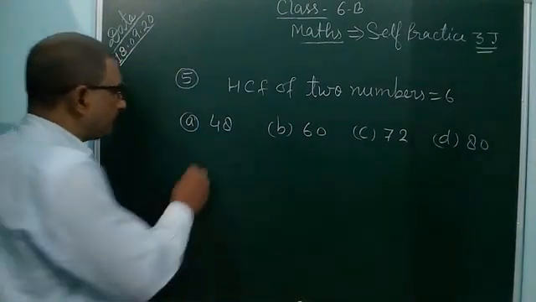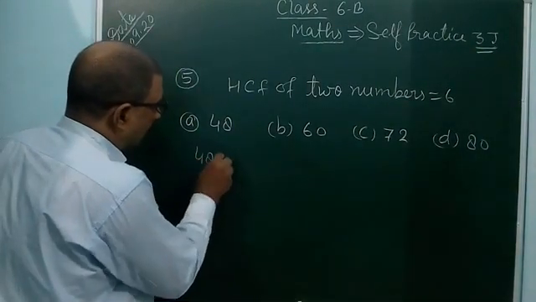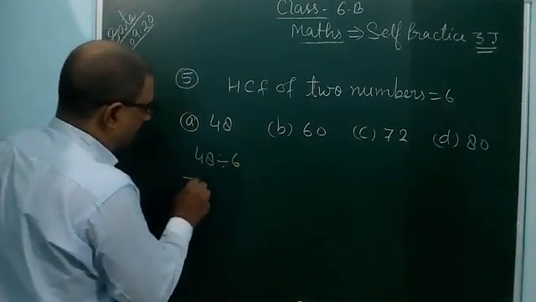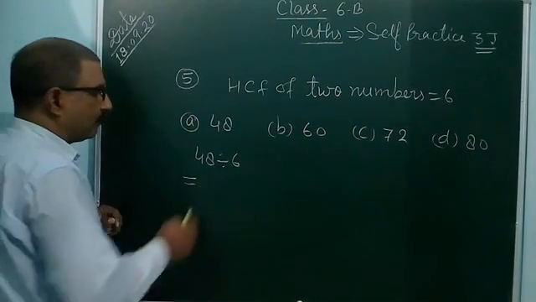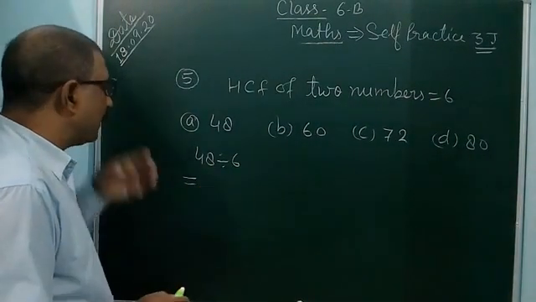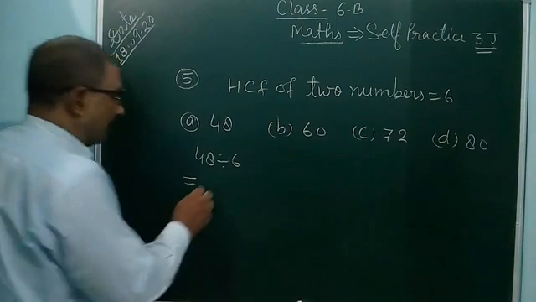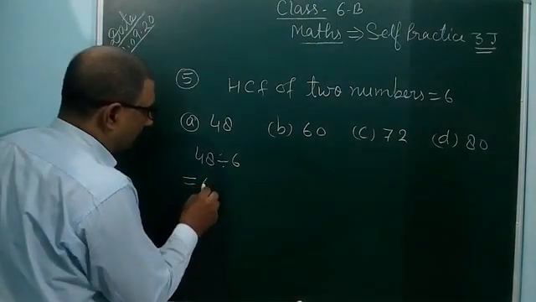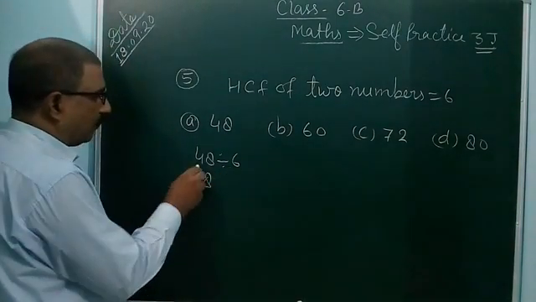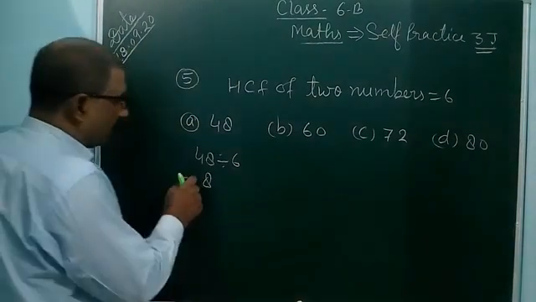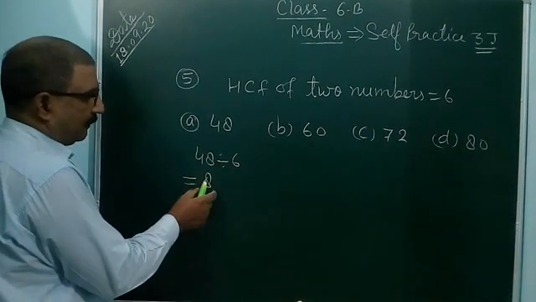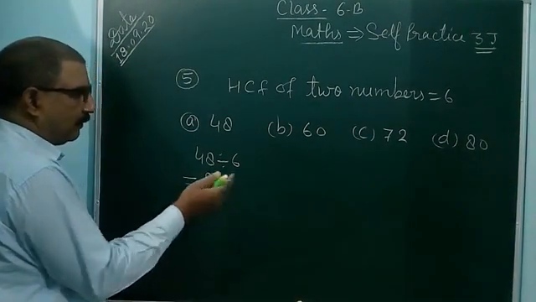So you see 48 divided by 6: 6 8s are 48. 48 is exactly divisible by 6, the remainder is 0.